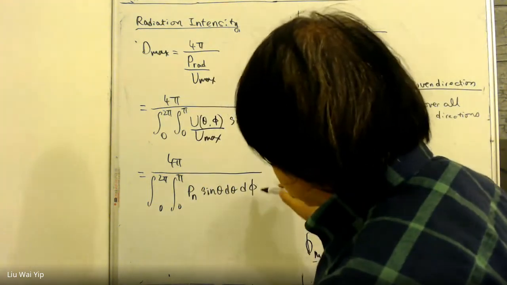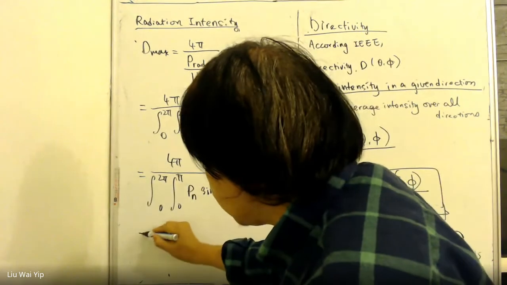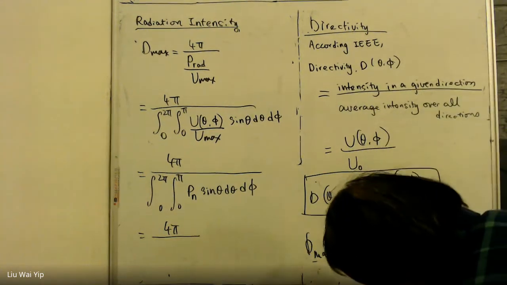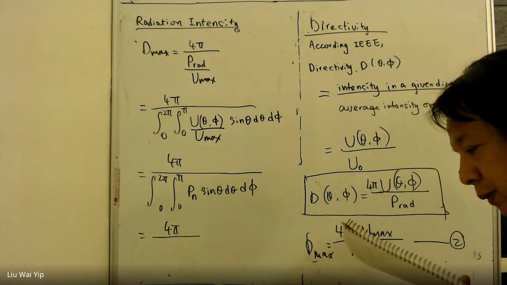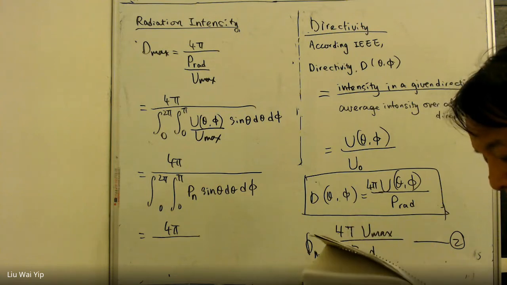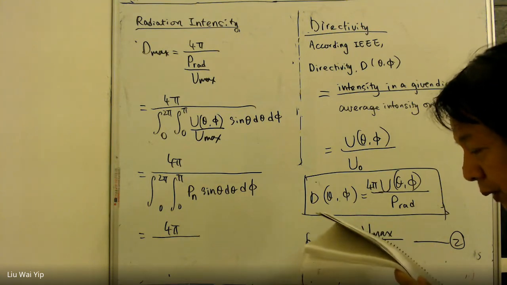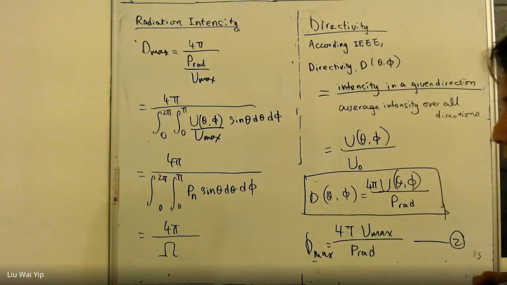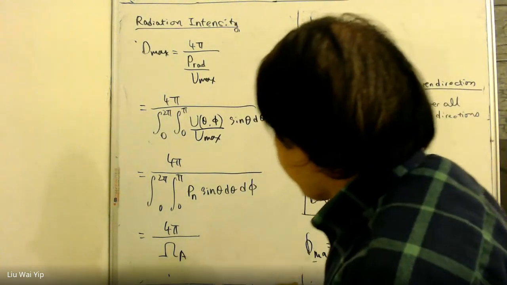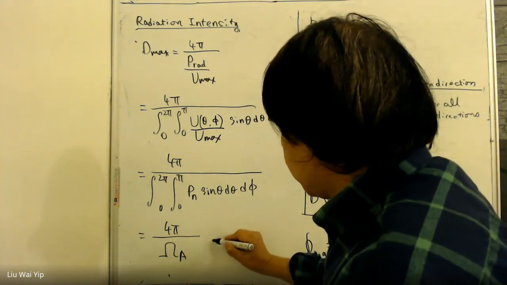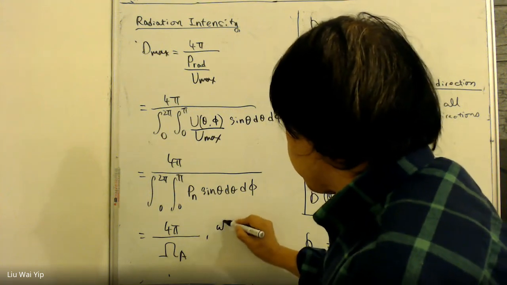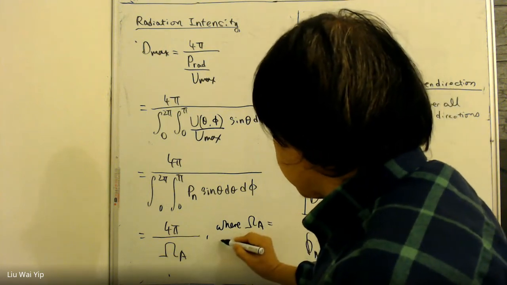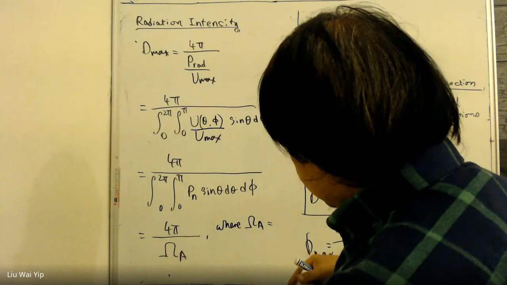This integral is the beam area, so D max is equal to 4 pi divided by the beam area.